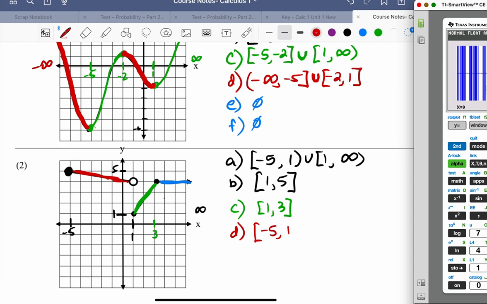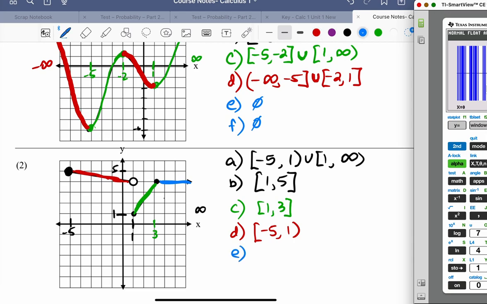I think I said 5 to 1. I meant -5 to 1. There's an open circle at 1, which means that there is no point there along this pathway. So I would put a parenthesis on that one, all right, to say that my decreasing component of the function will in fact decrease up until the infinitesimal moment prior to getting to the x value of 1.